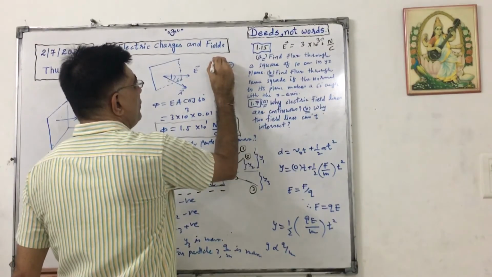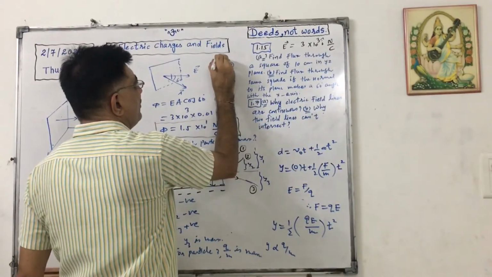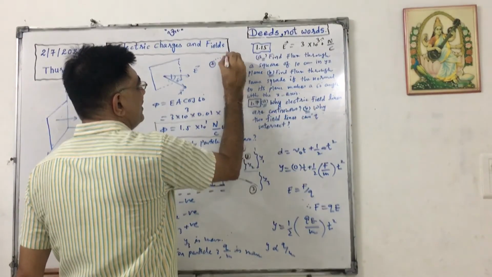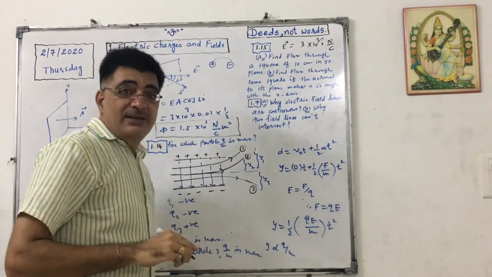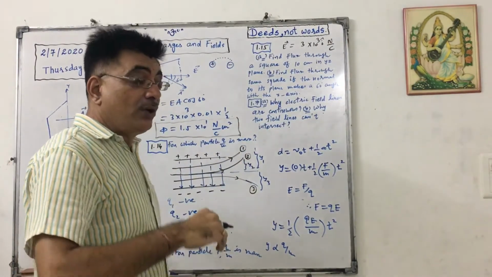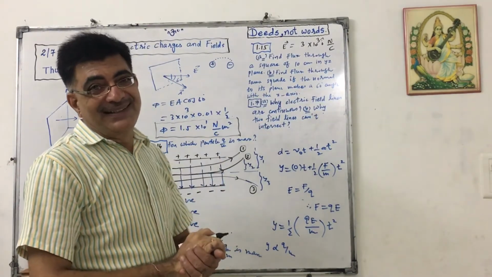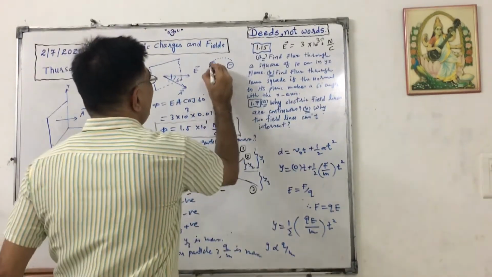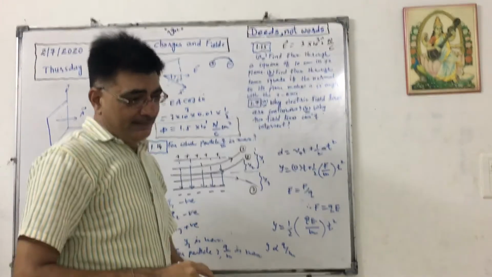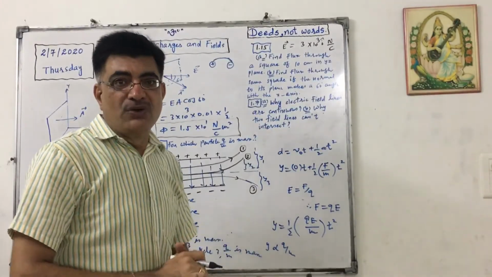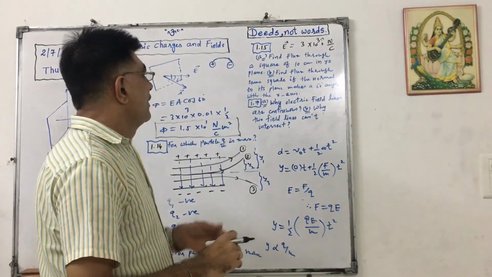What I have to do is put a unit positive charge at different points. I have not drawn the remaining points, but actually all points we have to consider, and hence the field line will be continuous. It cannot be in discrete form. It is continuous.